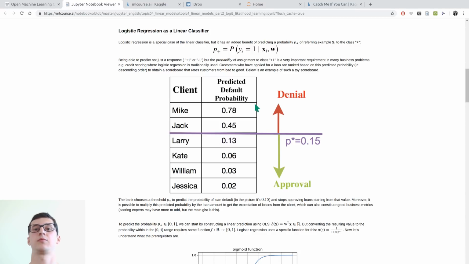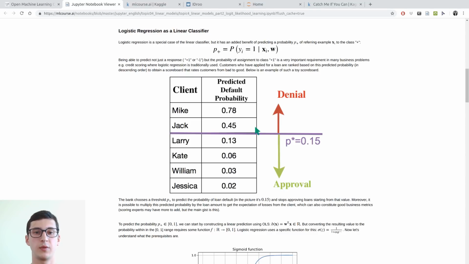We can sort these predictions by the default probability. So we are going to predict that Mike is going to be bad, so he's not going to return money, with almost 0.8 probability of default.